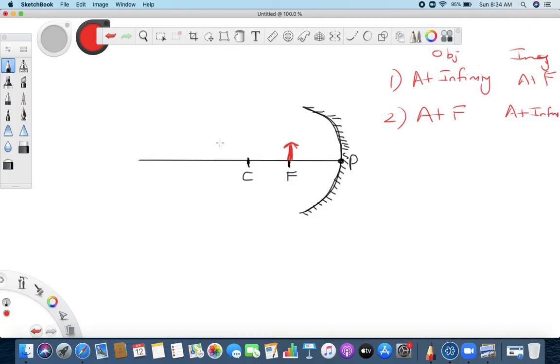Let's see. Let us draw. The first ray I am drawing, mostly the first ray, is this one, where I am taking it parallel to the principal axis. After reflection, where does it go? It goes through F, as the rule says that after reflection it always goes through F.